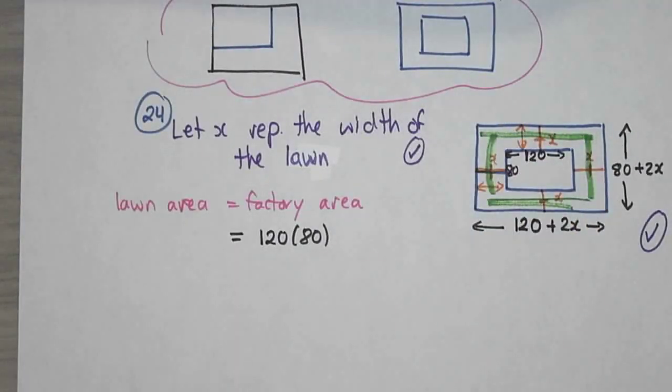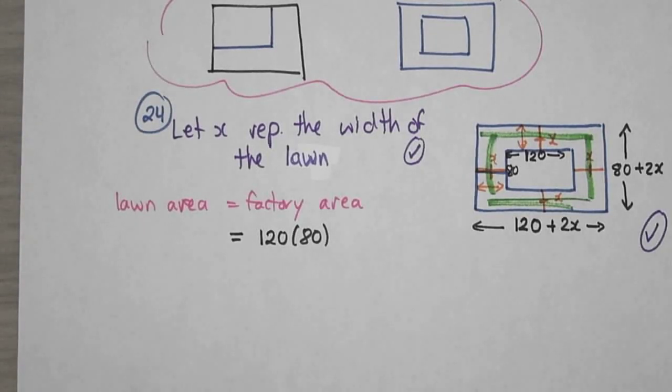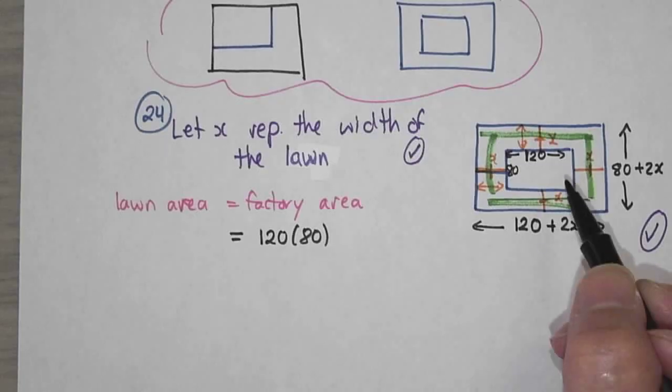I just want that strip on the outside. How do I get that? A little difficult, right?